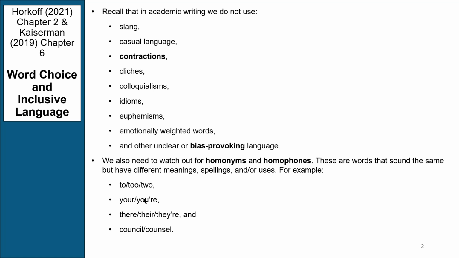You would actually have to write out you are, and the other your indicates possession. The there, same ideas, counsel. There are a lot of these types of words in English that sound the same but are used very differently. So make sure you are using the correct words in your writing.